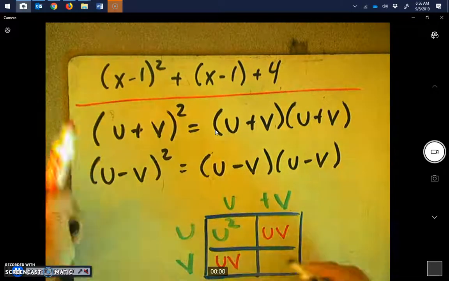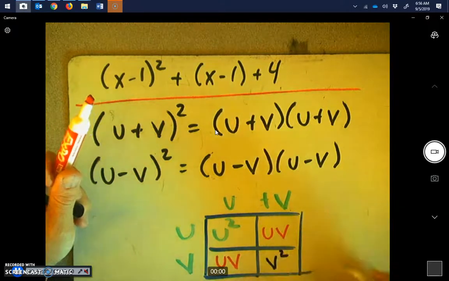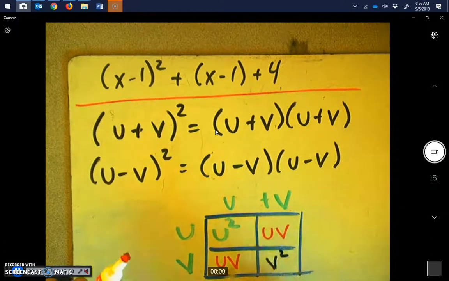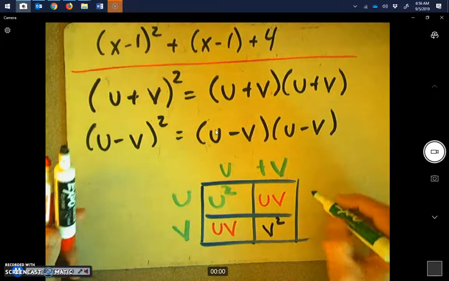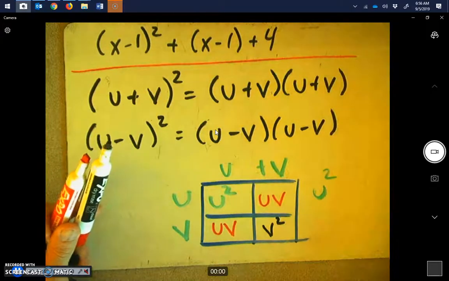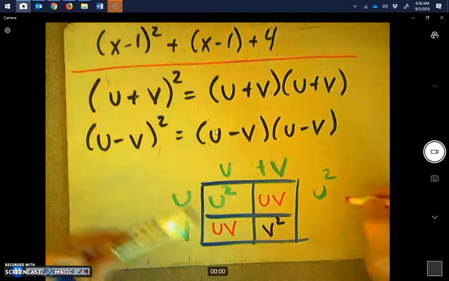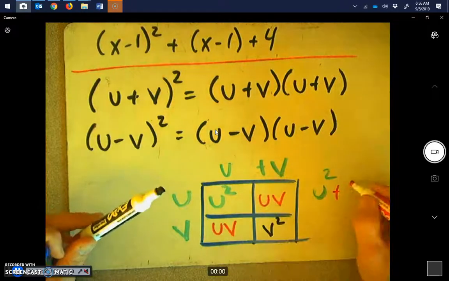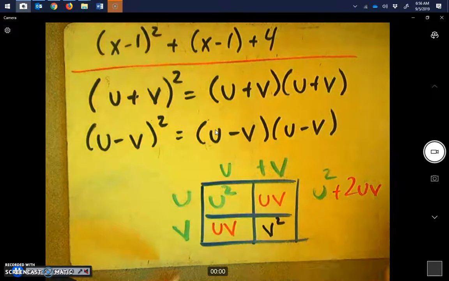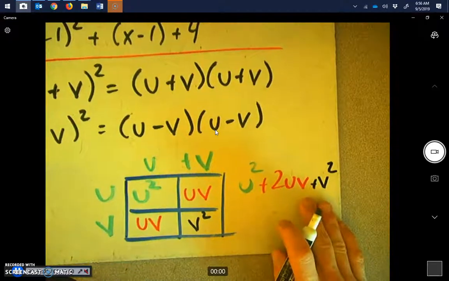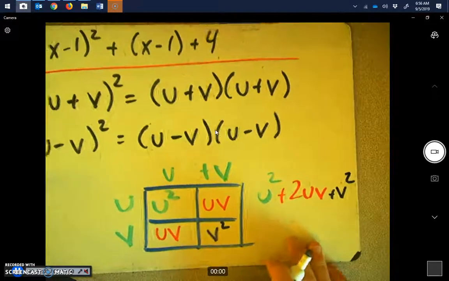These are positive, and they're the same thing, so these are the only like terms down here. So what we get out of here is U squared, plus 2 UV's, and finally, we have 1 V squared. So this would be our answer for the top one.